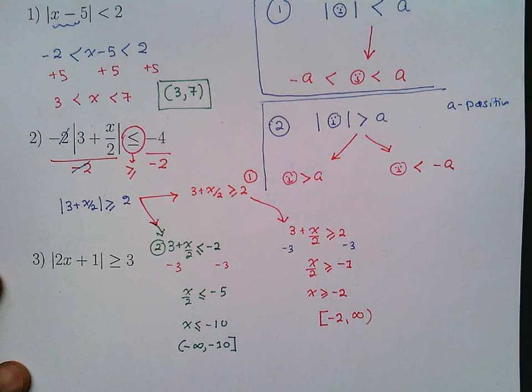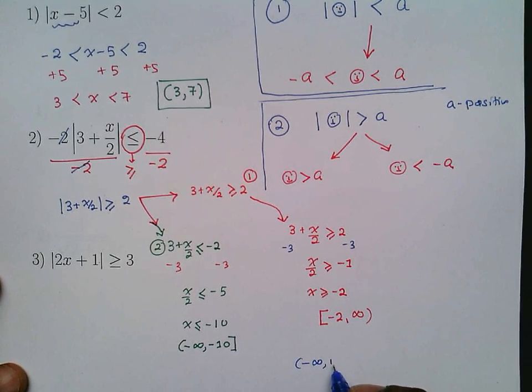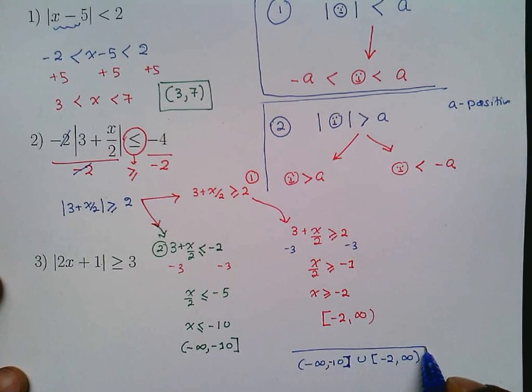Okay, and how do you combine the final answer? As we learned in the lecture, you just combine them as a union. So negative infinity to negative 10 union negative 2 to infinity, and that would be your final answer.